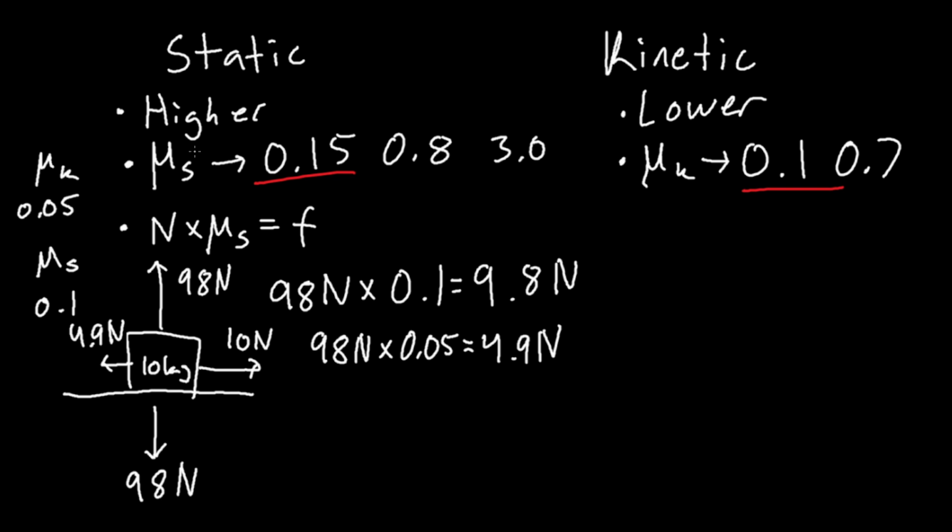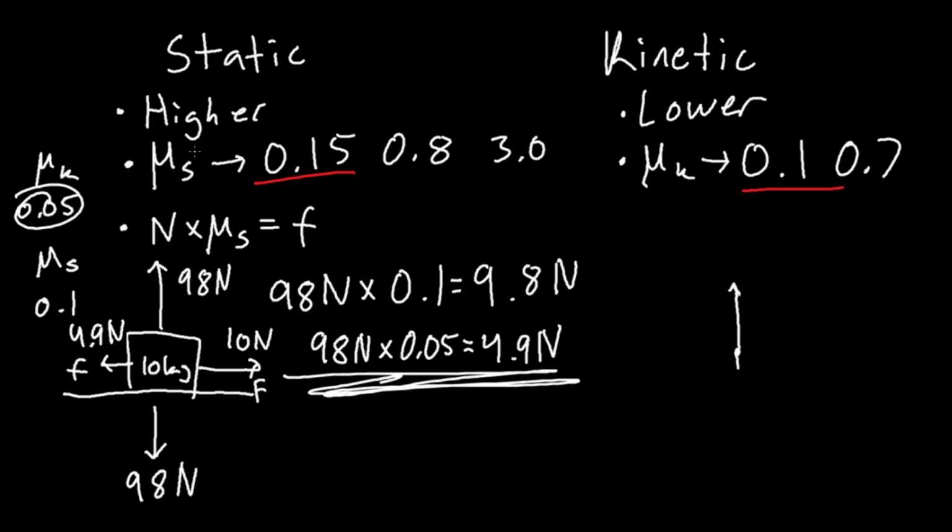But once you get the box moving by overcoming static friction, you will then use the kinetic friction coefficient to multiply with your normal force to get the force of friction when the box is moving. So in a free body diagram, if the box wasn't moving, then the weight force and normal force are balanced here, and the push or pull force is equal to the friction force.